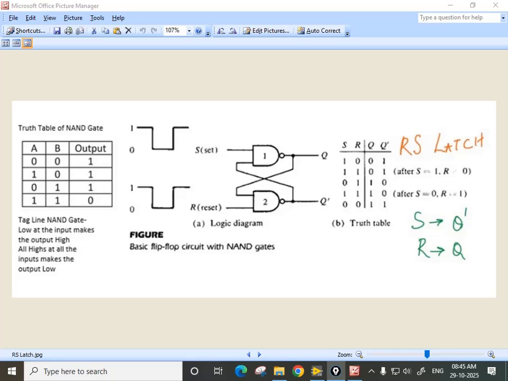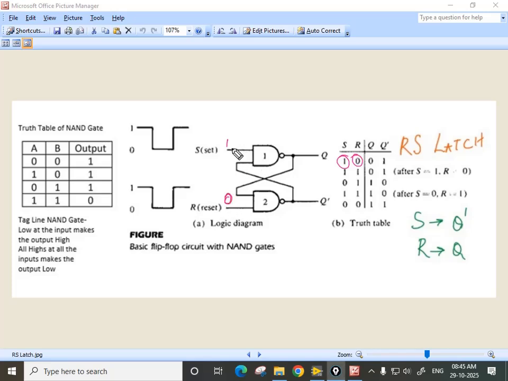Now let's see the working of the RS latch. Let's take S equal to 1 and R equal to 0.